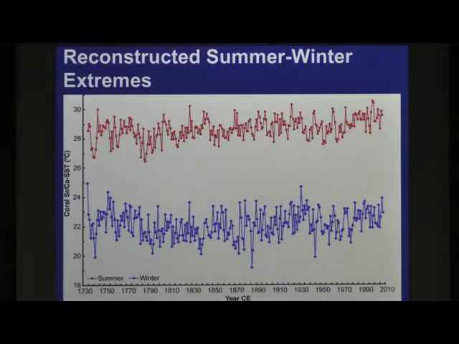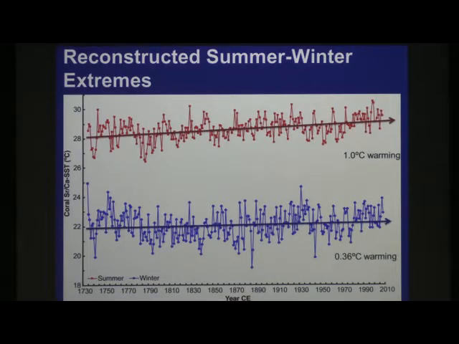Okay. So next we want to tease apart the record and see what other things we can learn from our reconstruction. Here I've taken those summer extremes and winter extremes and plotted them separately. The top is the summer. If we look at the whole interval, 274 years, we see about a 1 degree Celsius warming.